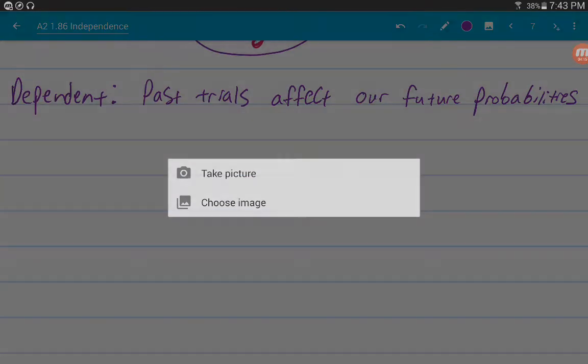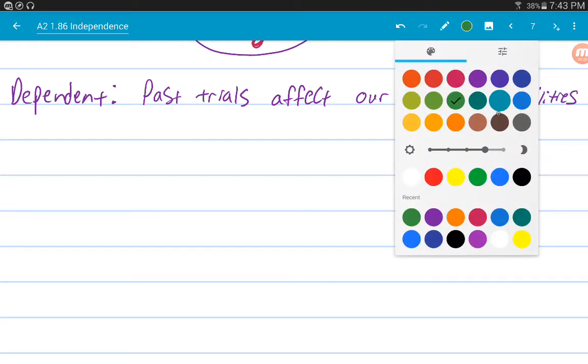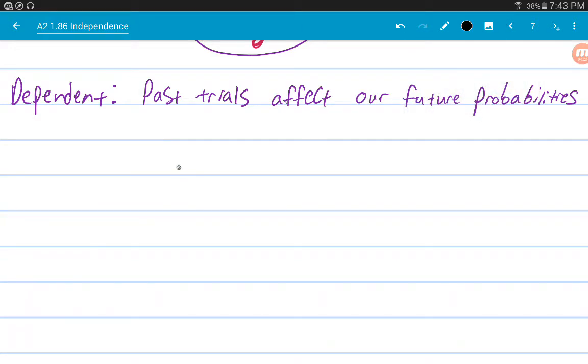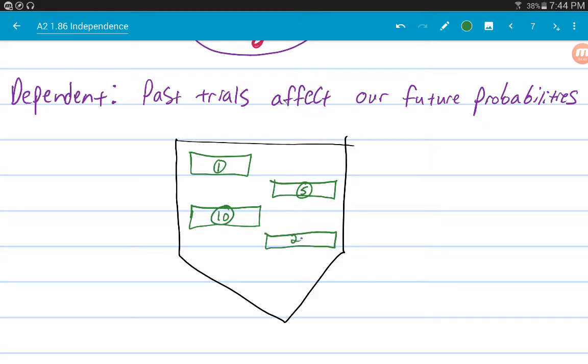For instance, if I have a pocket full of dollar bills, so this is going to be my pocket, one of those jeans back pockets, and I have a bunch of bills in here. I've got a $1 bill, a $5 bill, a $10 bill, a 20, and a 50.